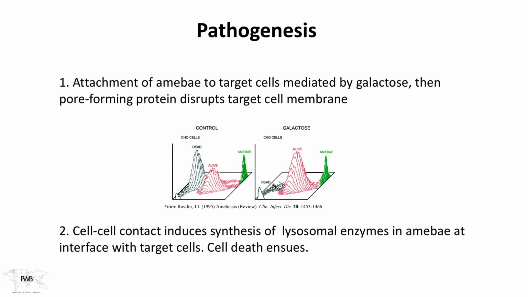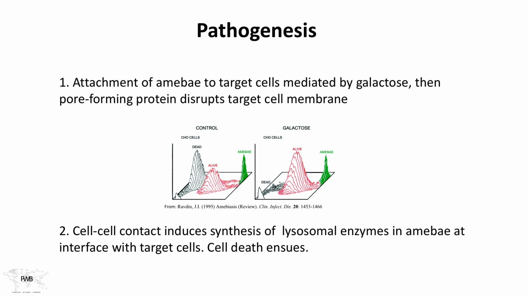There's a signal transduction event that occurs which stimulates the production of non-lysosomal enzymes. That is to say, Entamoeba histolytica has no frank, definable lysosomes, and yet it's able to produce lysosomal enzymes. And it does so at the surface of contact between itself and the target cell.